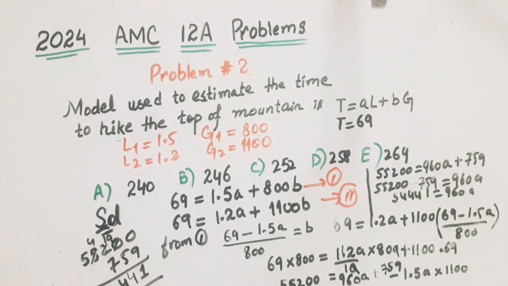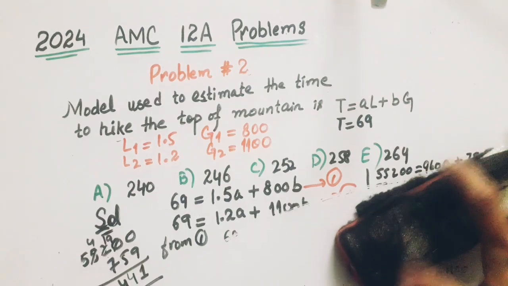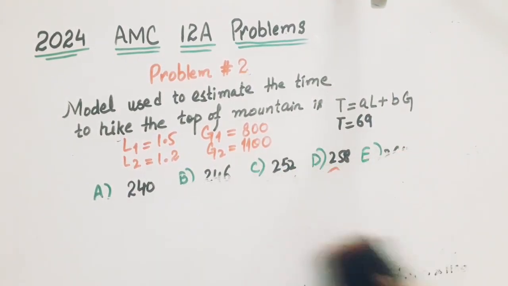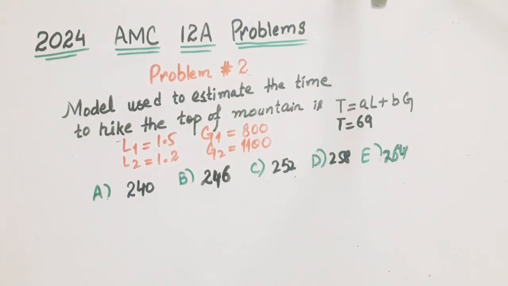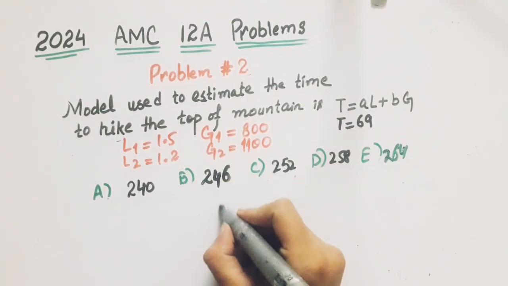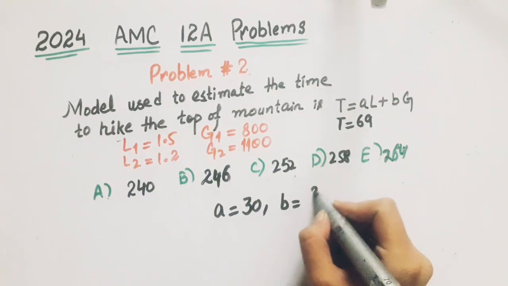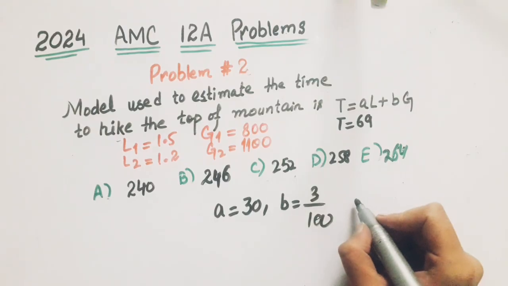After solving this we will get the values of A and B. This will be 264 in the answer process. So by solving this, we get the value of A as 30 and the value of B as 3 by 100.